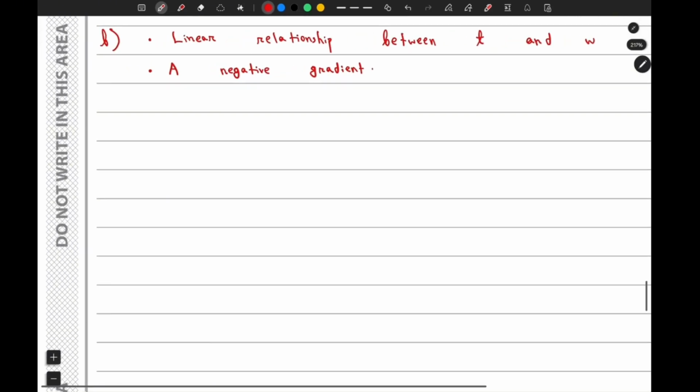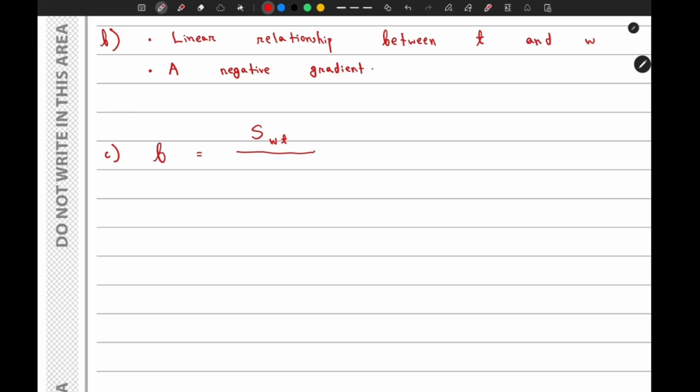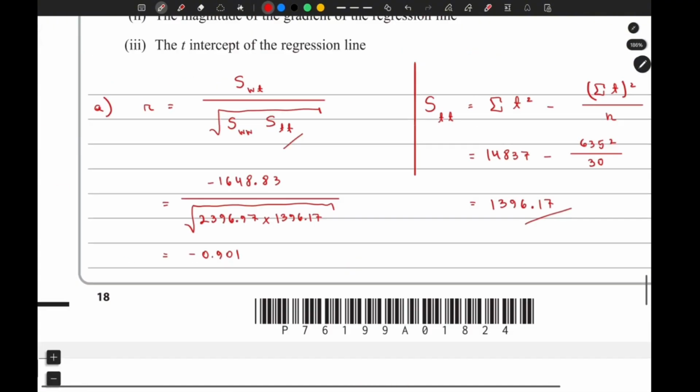So b equals negative 1648.83 divided by 2396.97, which is around negative 0.69.